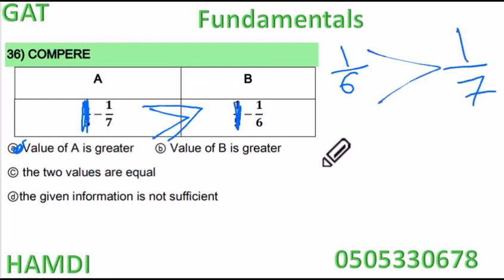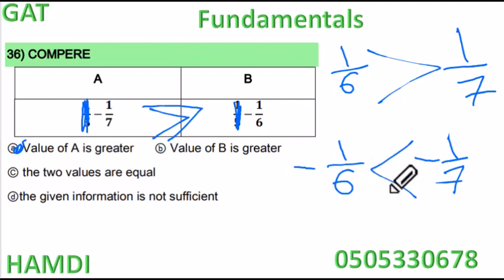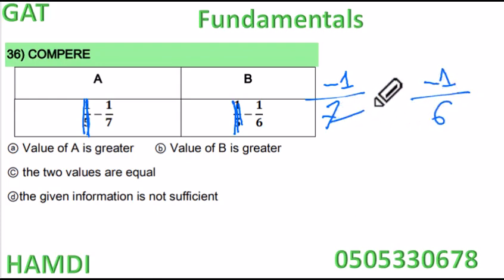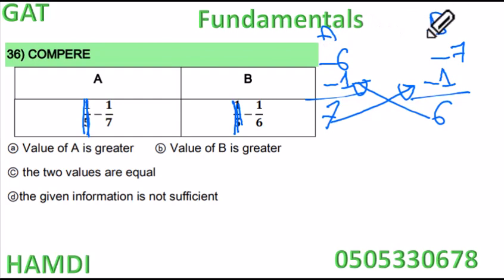But if we make it negative, then negative 1 over 7 will be greater than negative 1 over 6. As in cross product, we cancel the equal value. So we compare negative 1 over 7 and negative 1 over 6. 7 times negative 1 is negative 7. 6 times negative 1 is negative 6. Here value A, here value B.